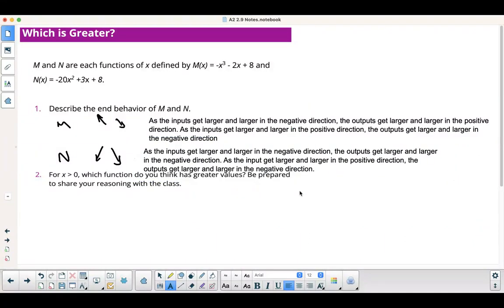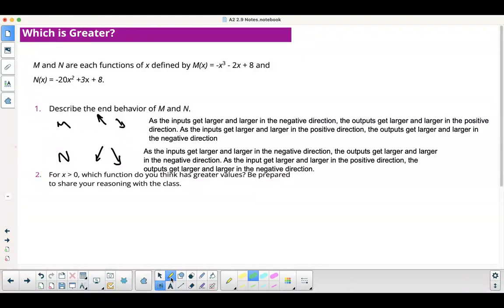All right, for x is greater than 0, which function do you think has greater values? Be prepared to share your reasoning with the class. Well, for x greater than 0, so the right side. So the right side goes down on both of these.